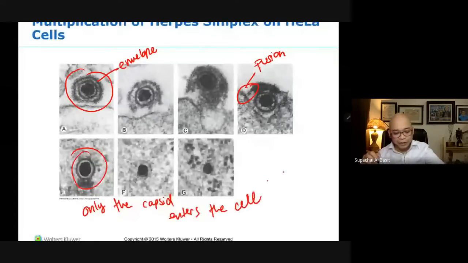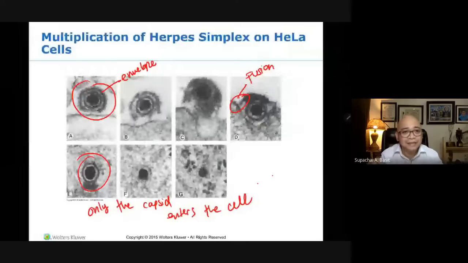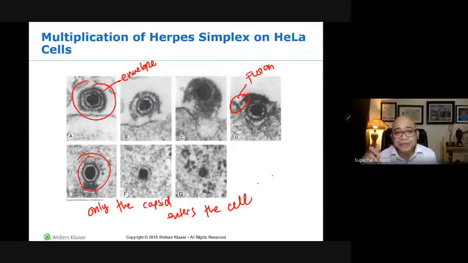So that is for the envelope virus. Unlike in non-envelope, there would be an endocytic vesicle because of the invagination of the cell membrane. But since we're talking about envelope viruses, there would be fusion of the viral envelope with that of the host cell membrane.